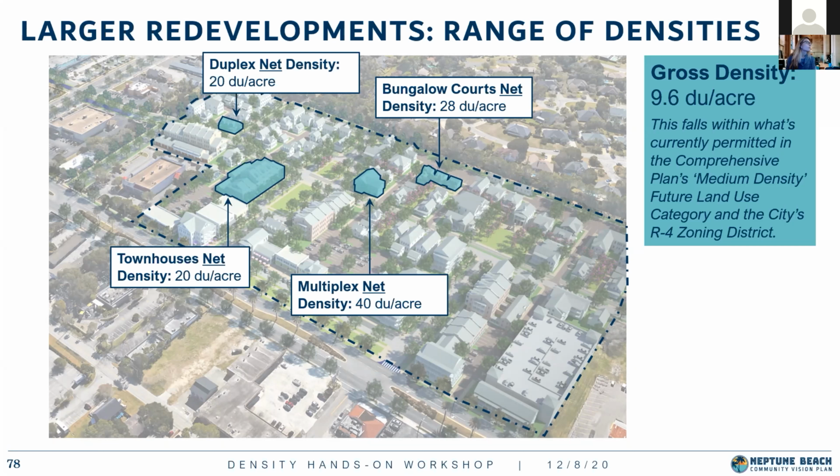So what we've illustrated has duplexes that are 20 dwelling units to the acre, has townhouses that are 20 dwelling units to the acre, but it also has bungalow courts that are 28 and an 8-unit apartment building that has 40. So even though it can accommodate a range of densities, the overall gross density is still medium density. It's still within what the comprehensive plan considers to be medium density.